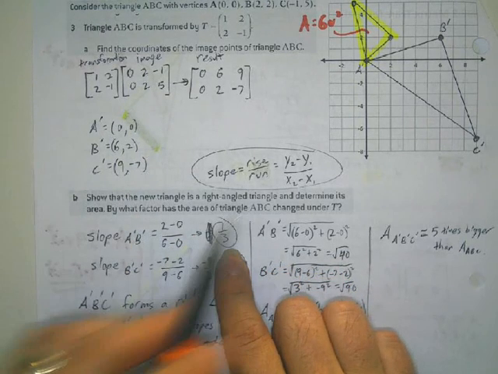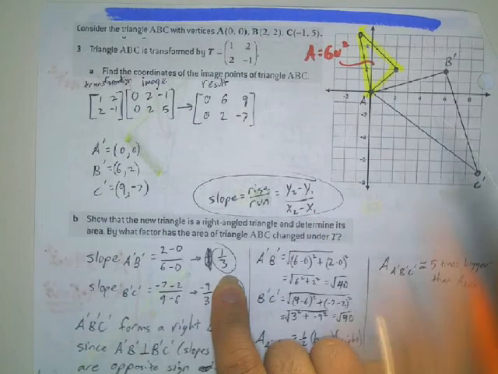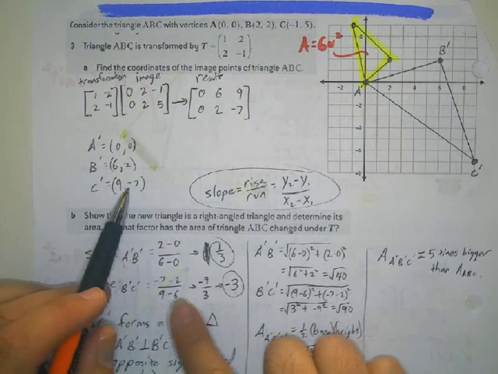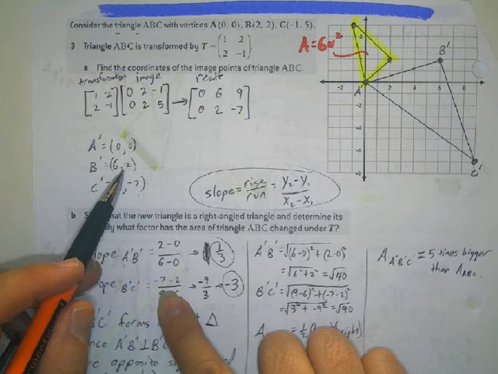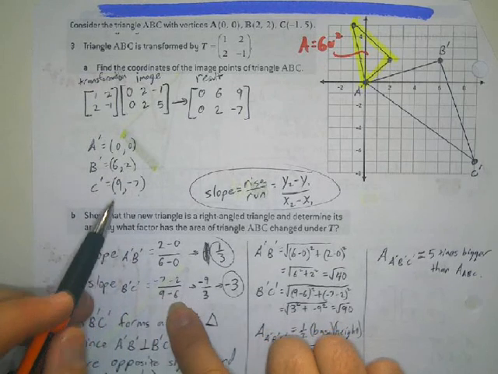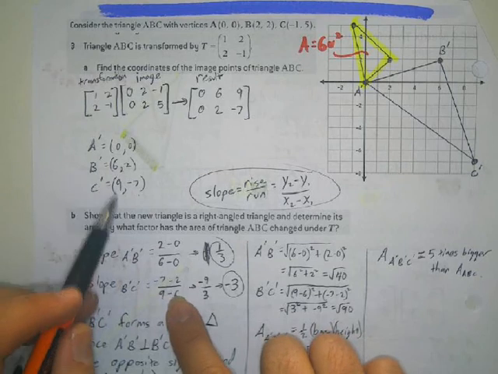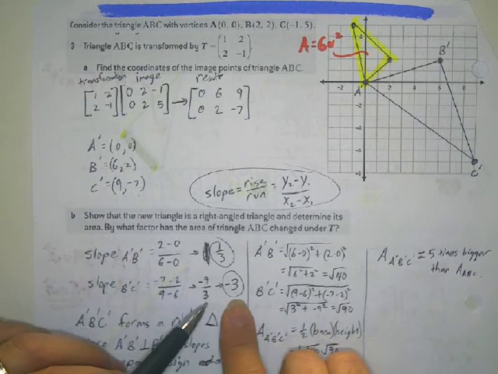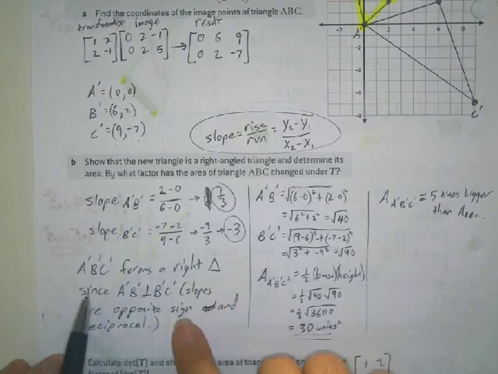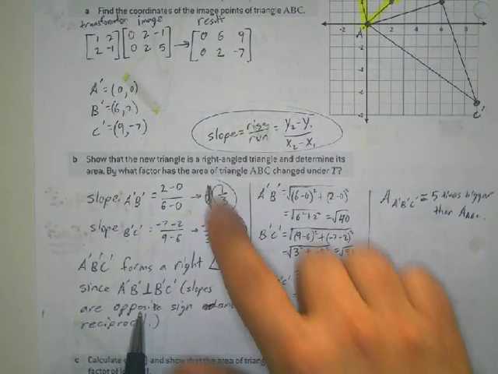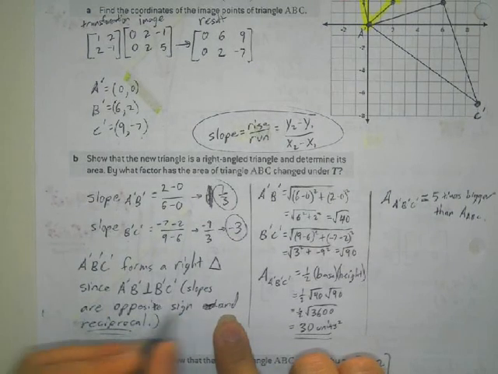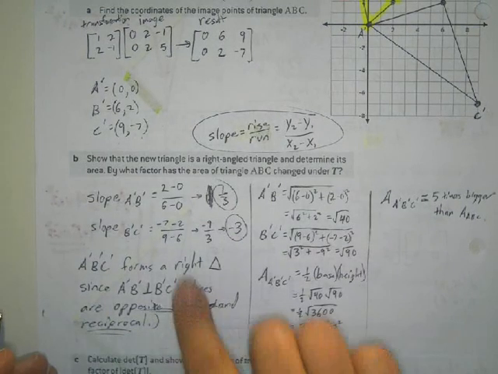So the slope of this line right here is 1/3. Okay, the slope of BC, I'm going to say negative 7 minus 2, these 2 points here, divided by 9 minus 6, and then we get a slope of negative 3. So since this is the opposite sign, this is positive, this is negative, and it's the reciprocal, I know that it's a right triangle.